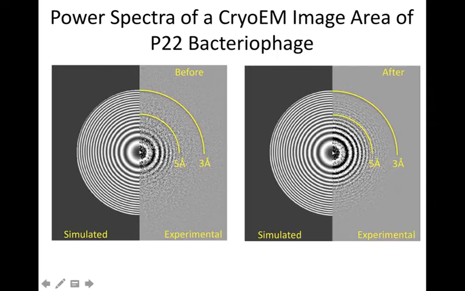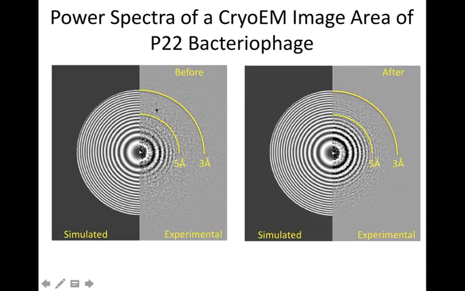This oscillating contrast between black and white is the characteristic of any electron image, due to the defocus setting when the image was taken. When we change the defocus, the oscillating pattern will vary. And the other half is the simulated power spectrum of a specific defocus value.